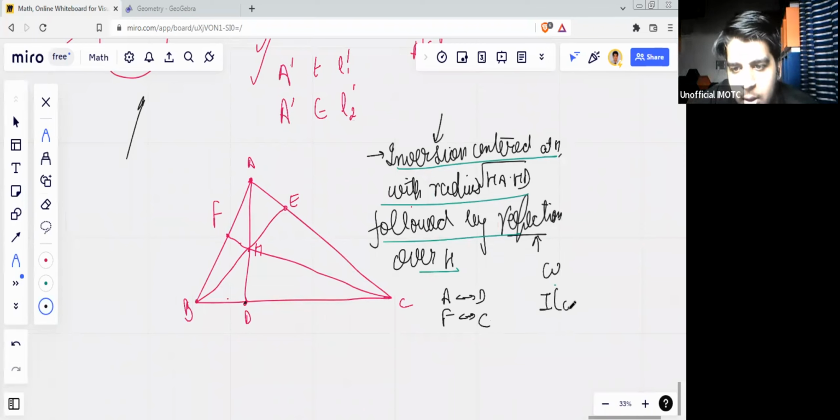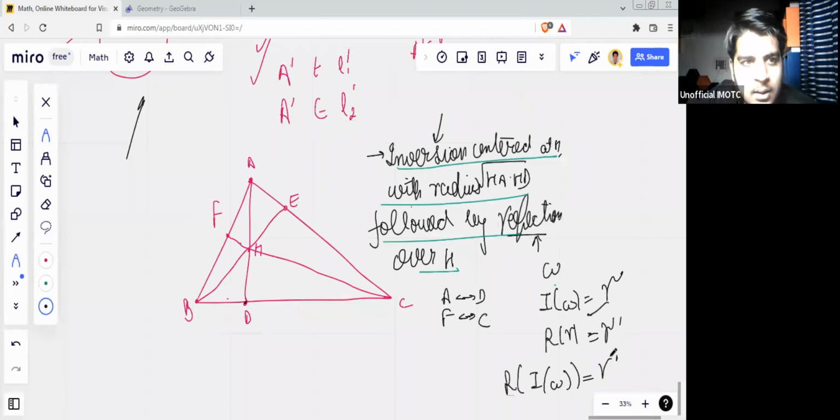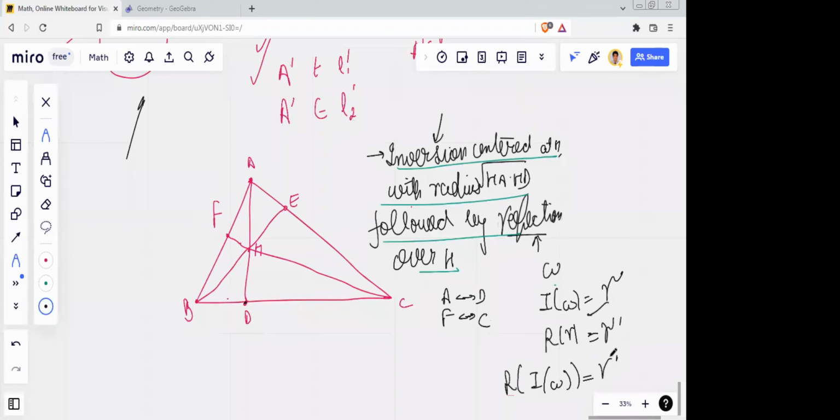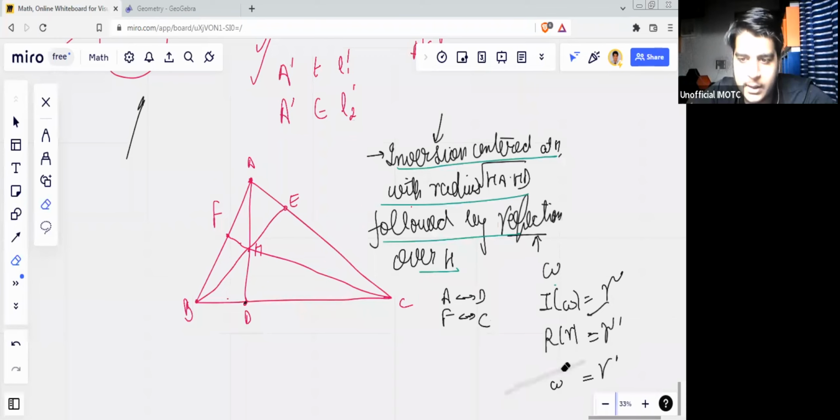After doing inversion, it's another circle. After doing reflection of this thing, it's also another circle. So after doing reflection and inversion, it should still be a circle only, right? Similarly, intersections also, you can replicate this proof.